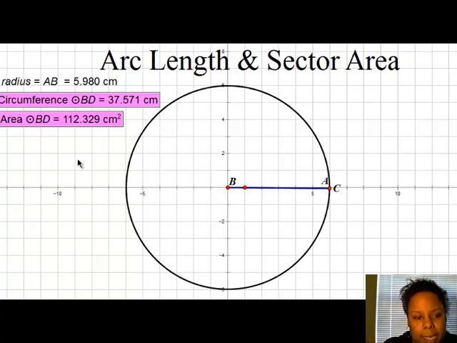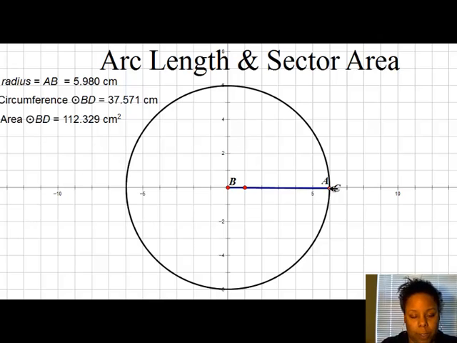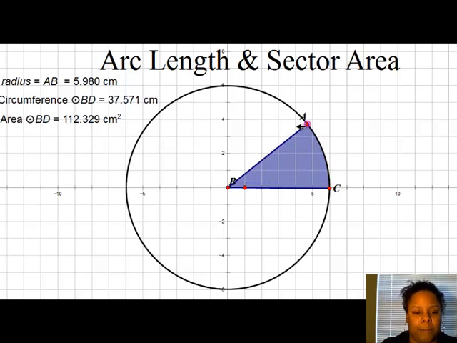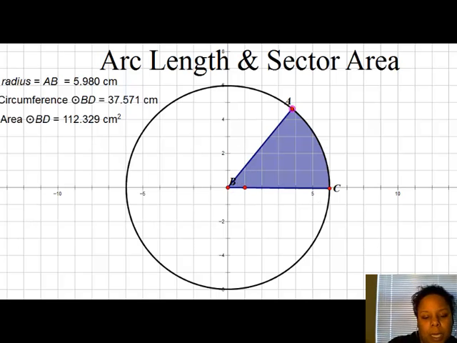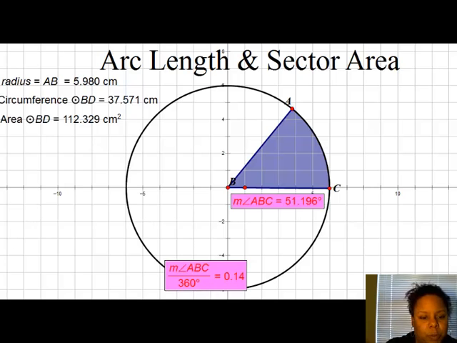So what I want to look at is an arc length. But before we take a look at an arc length, let's take a look at a central angle that is made out of the center of the circle and two radii of the circle. So we have the radius AB and the radius CB, and the angle that is formed with them has these measurements.